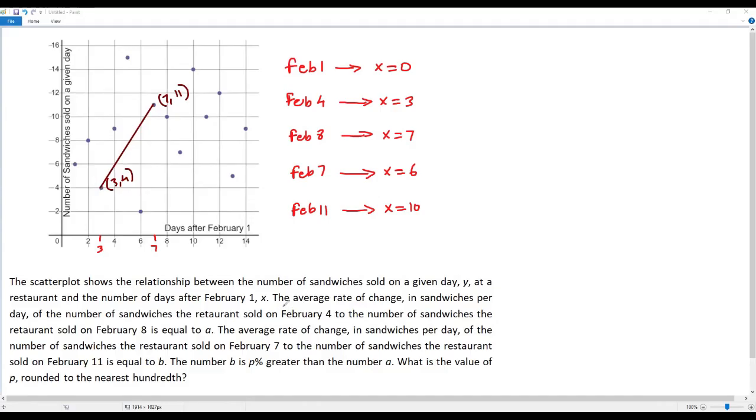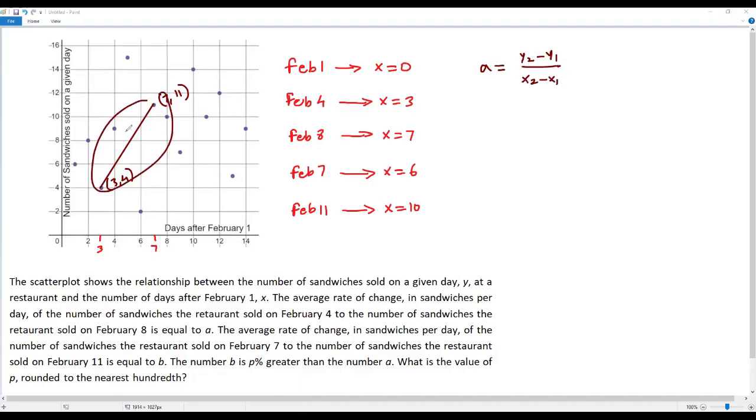Now let me consider the information we have over here. The average rate of change from February 4 to February 8 is A. So here A equals to. To get the average rate of change, I have to get the slope of the line segment I have drawn over here. Here we have 2 endpoints of this line segment, so we can use the formula y2 minus y1 divided by x2 minus x1 to get the slope.